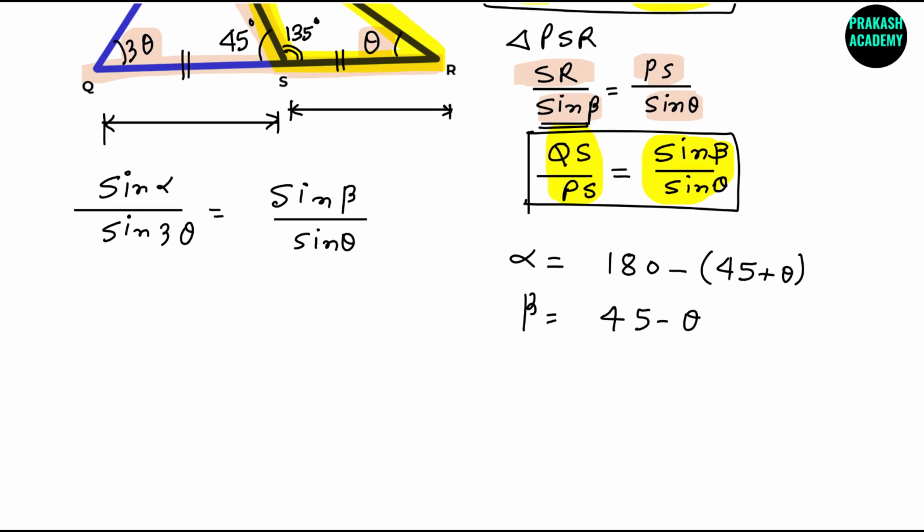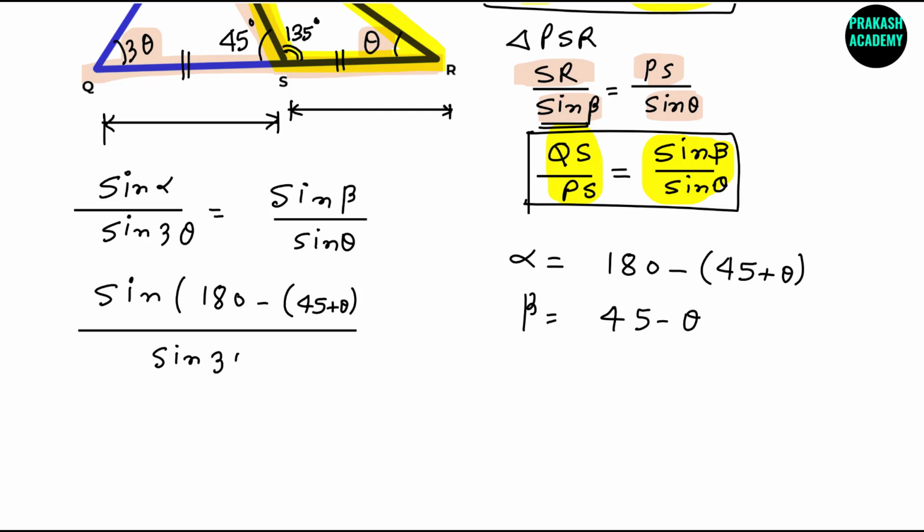So let us plug the value of alpha and beta. So sine of 180 minus 45 plus theta, divided by sine 3 theta, is equal to sine beta, where beta is 45 minus theta, divided by sine theta.